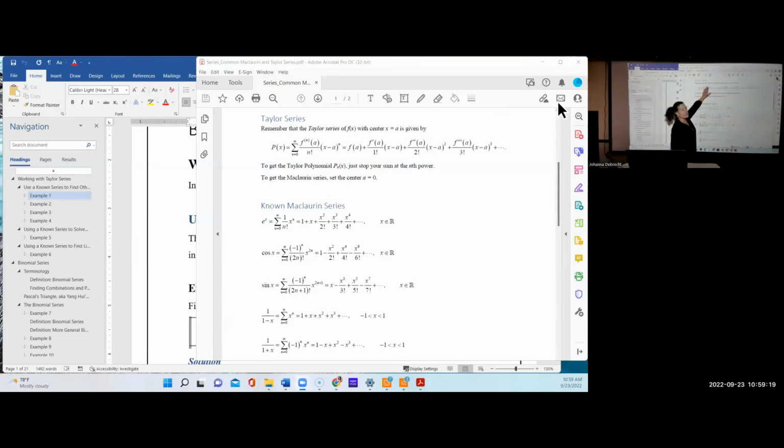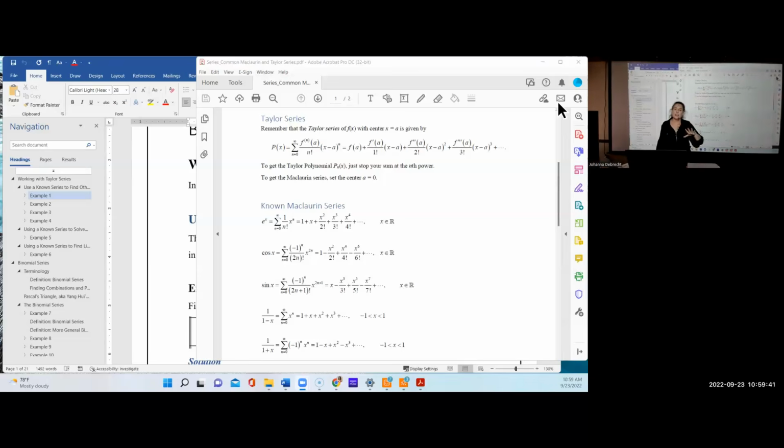So we're talking about the nth derivative of the function with the center plugged in. This is actually a constant divided by n factorial times x minus the center a to the nth power. So the power matches the factorial in the denominator, and the factorial and the power match the derivative that you took.